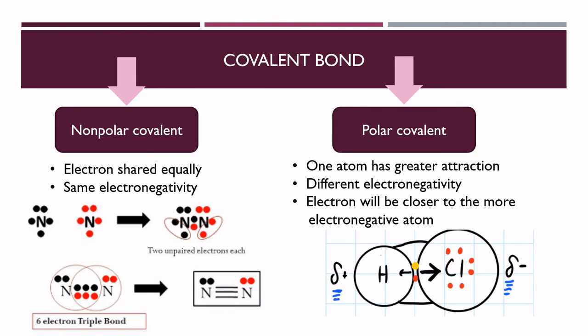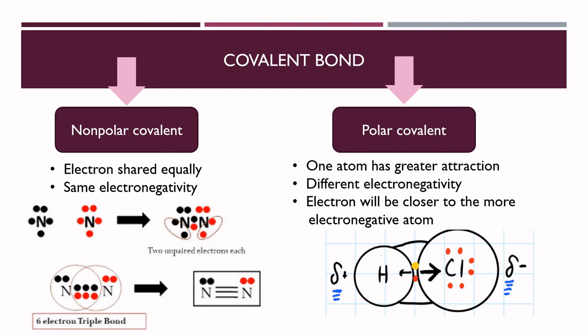In covalent bonds, there are also two subcategories: the non-polar covalent bond and the polar covalent bond. For a non-polar covalent bond, electrons are shared equally because the atoms have the same electronegativity.